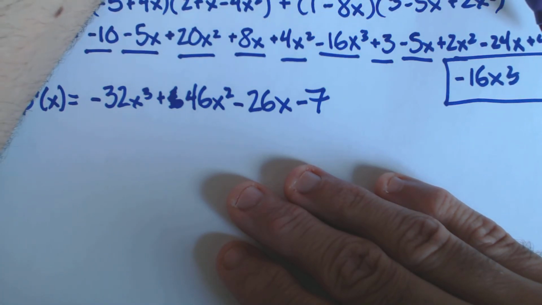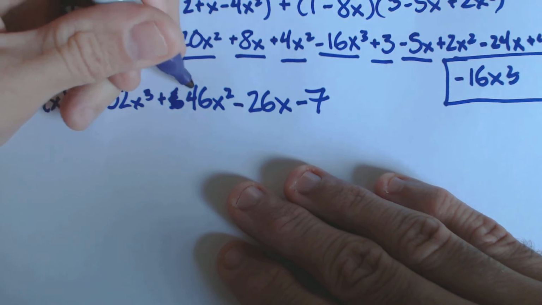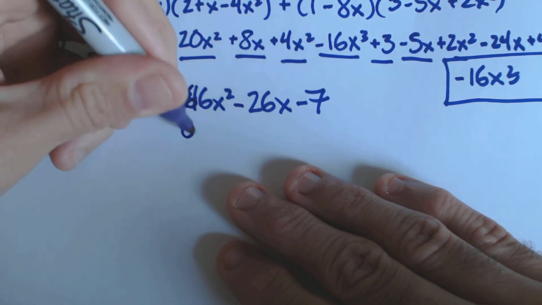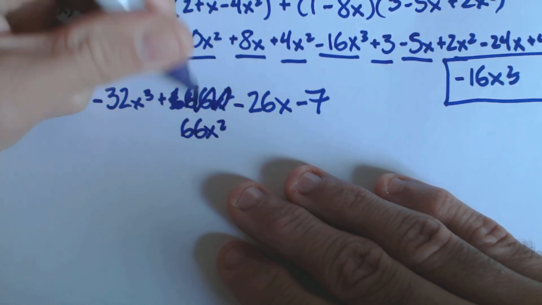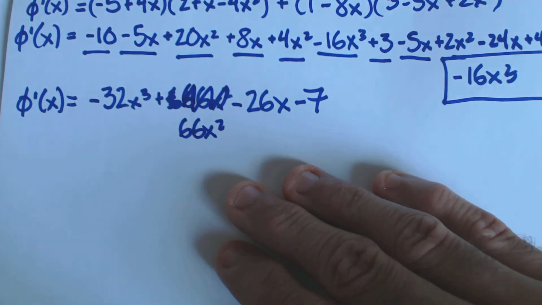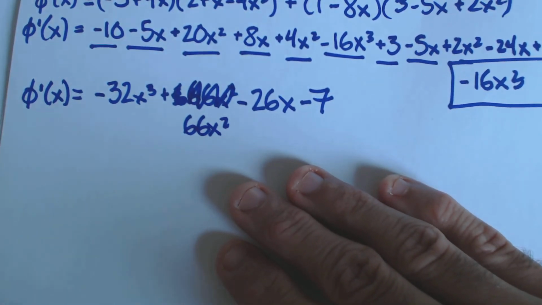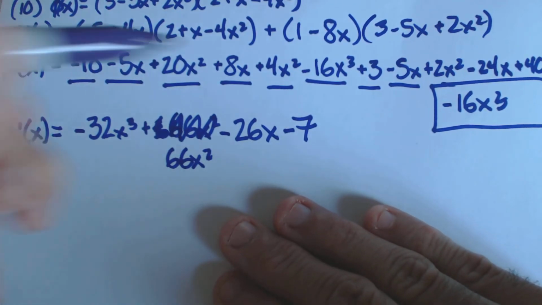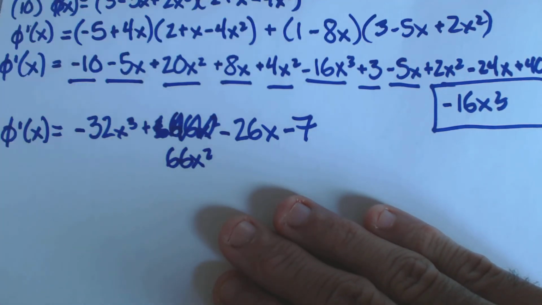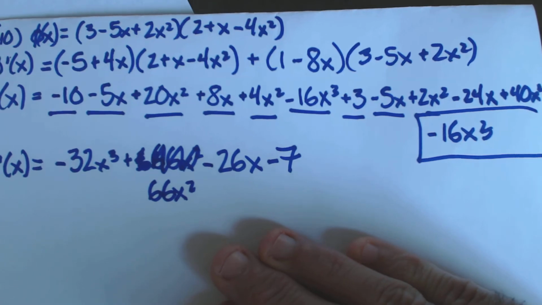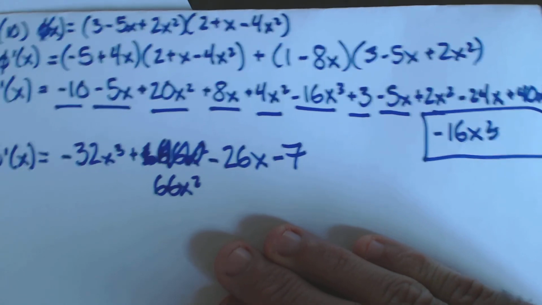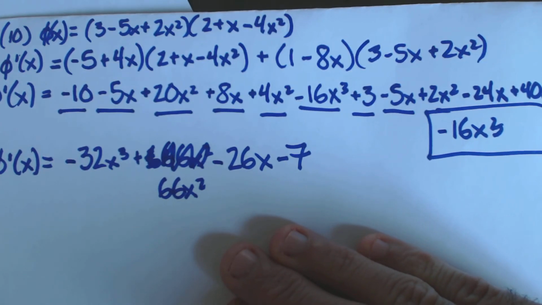Oh, plus 40, so that's 66x squared. Sorry, 66x squared, minus 26x minus 7. As I've demonstrated, you have to be very careful when you're combining terms, when you're multiplying out. You've got to put yourself in the Zen state and make sure everything's done correctly, or else you're going to get the wrong answer.